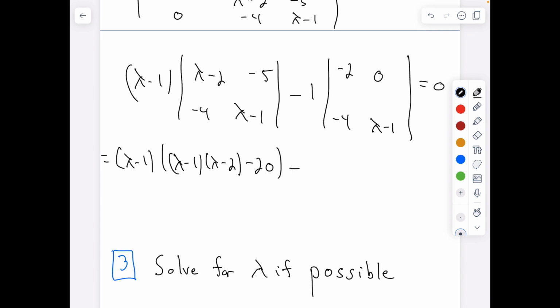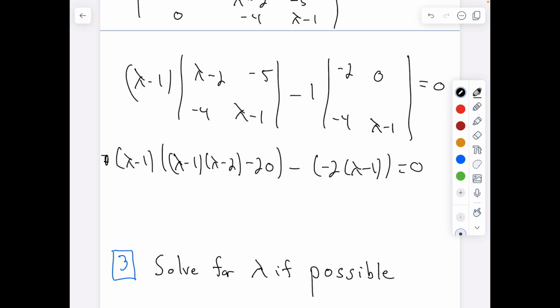You don't want to distribute and multiply things out, because often if you do that, you get a rather complicated polynomial to work with. In this case, we would get a cubic. Don't get me wrong, these are solvable a lot of the time, but you're giving yourself more work depending on the expressions and terms that you have. So let me get into that right now.